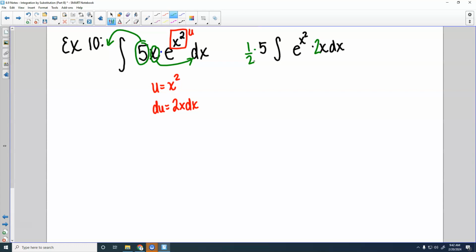Now, essentially what I'm doing is multiplying by 2/5 on the inside and 5/2 on the outside, and you can definitely think of it that way as well. But for me, it's just easier to separate them out there. So this is my u. This stuff right here is my du.